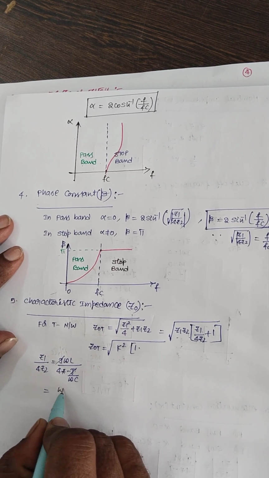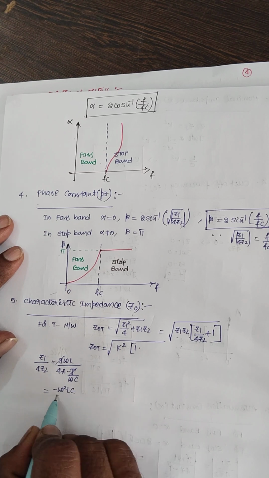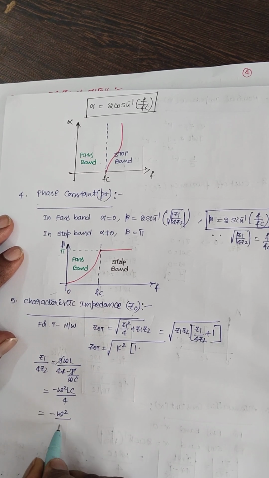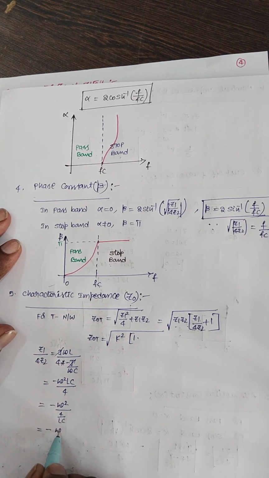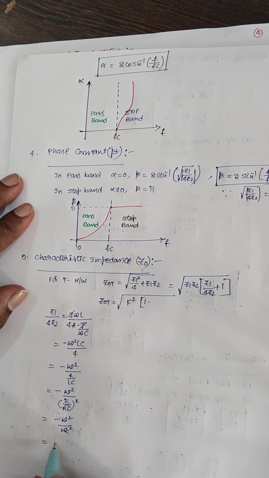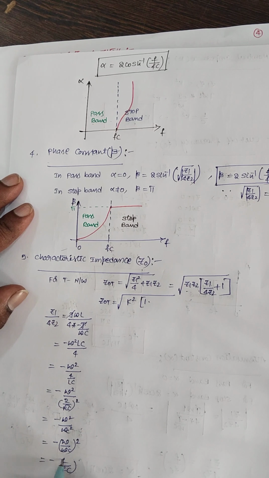It is omega square, so it is minus omega square LC by 4. It is minus omega square divided by 4 by LC. That is equal to minus omega square divided by 2 divided by root LC whole square. That is equal to minus omega square divided by omega C whole square, which is minus omega by omega C whole square, which is equal to minus F by Fc whole square.